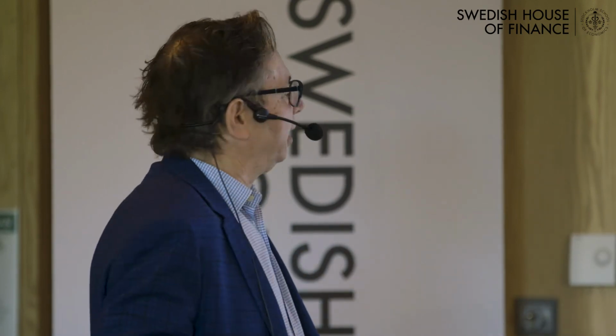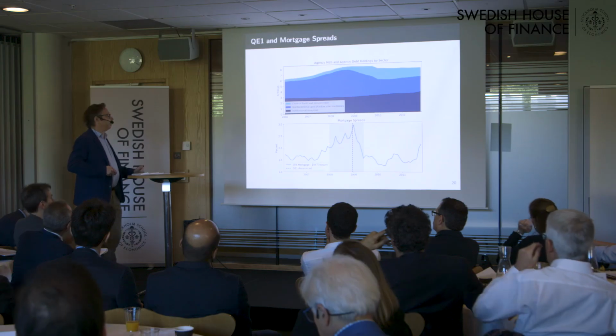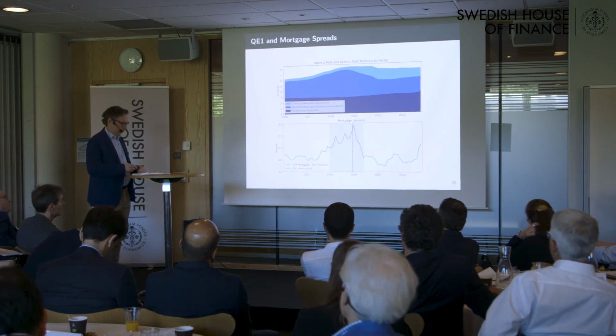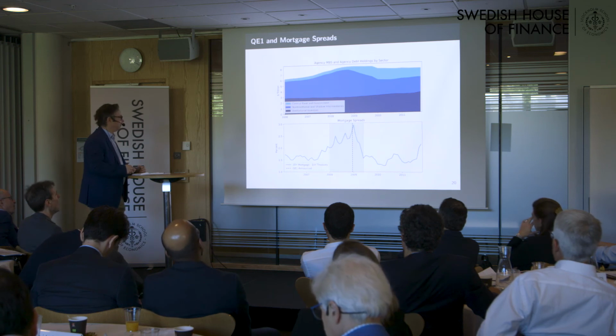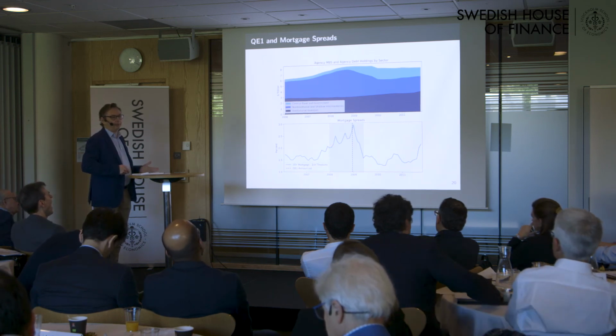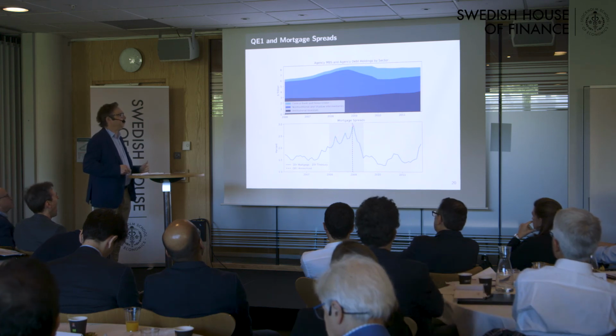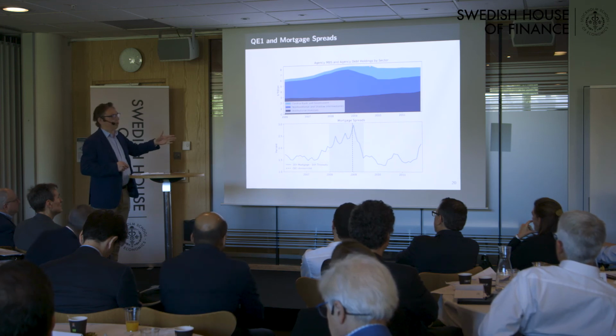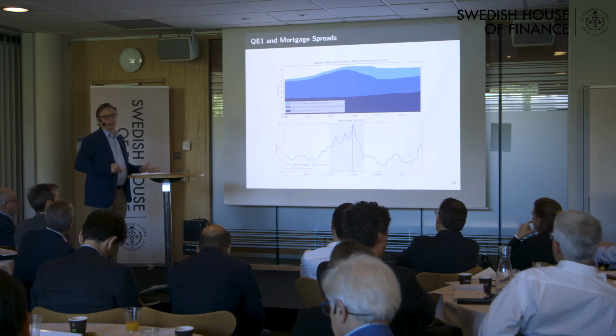Now, what's going on with the spreads? Well, as the shadow banking system is experiencing difficulty beginning at the end of 2007, you see mortgage spreads starting to go up. That's what the theory would suggest. Then the purchases begin wholesale, and you see the spreads come back down.